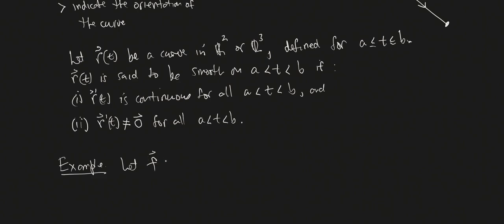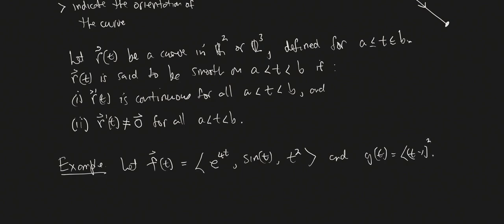So let f of t be this function, and g of t be this function: t minus 1 squared, then t minus 1 cubed, and let's say 2. So these are these two functions.